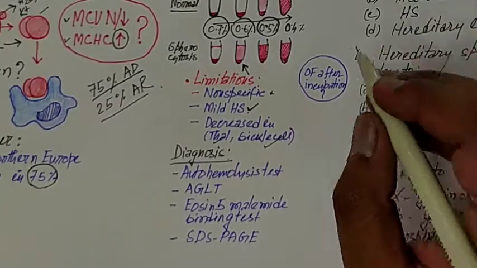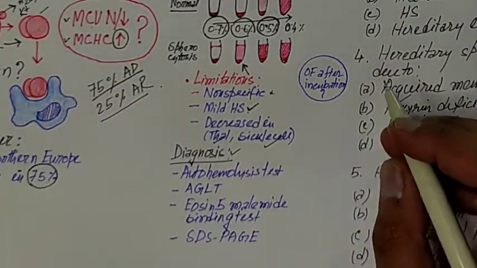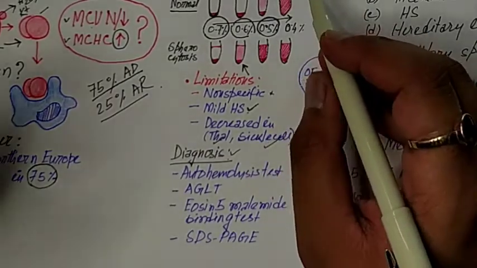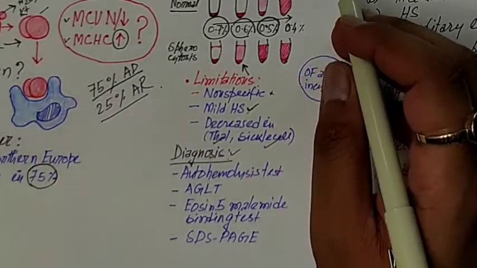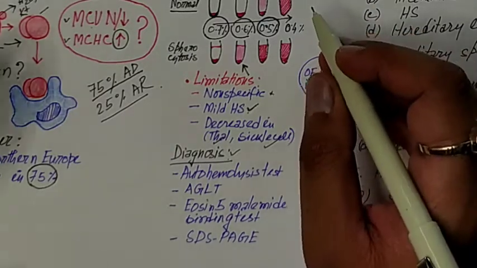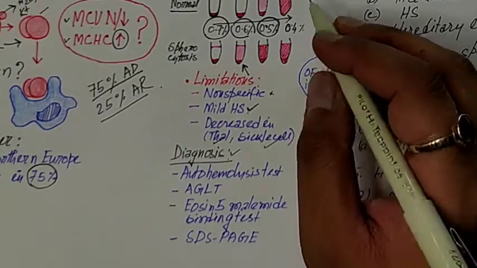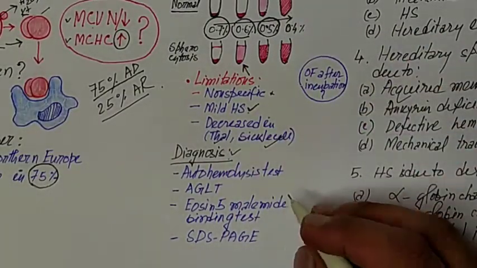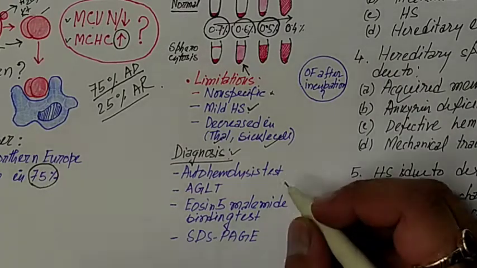Now, how can we diagnose a case of hereditary spherocytosis? First, the osmotic fragility test gives us an idea about the fragility of the red cells. It can indicate a case of hereditary spherocytosis, so it is used as a screening test. Now the more confirmatory tests start with the autohemolysis test.